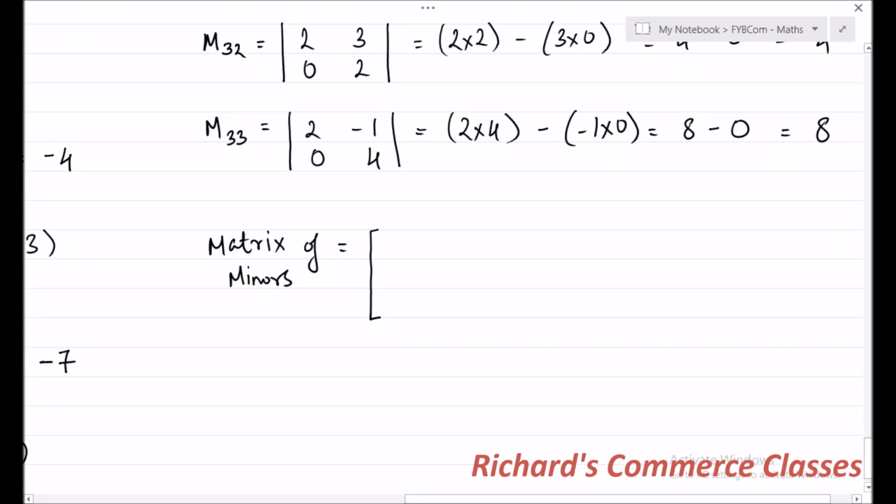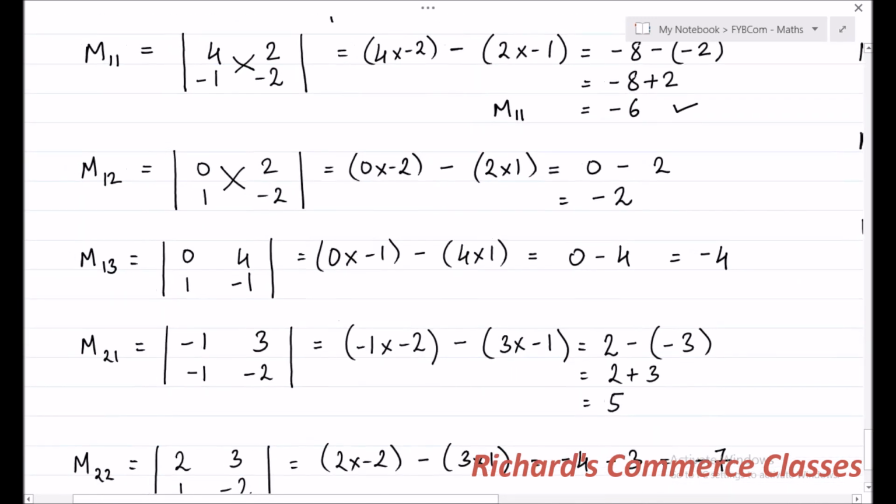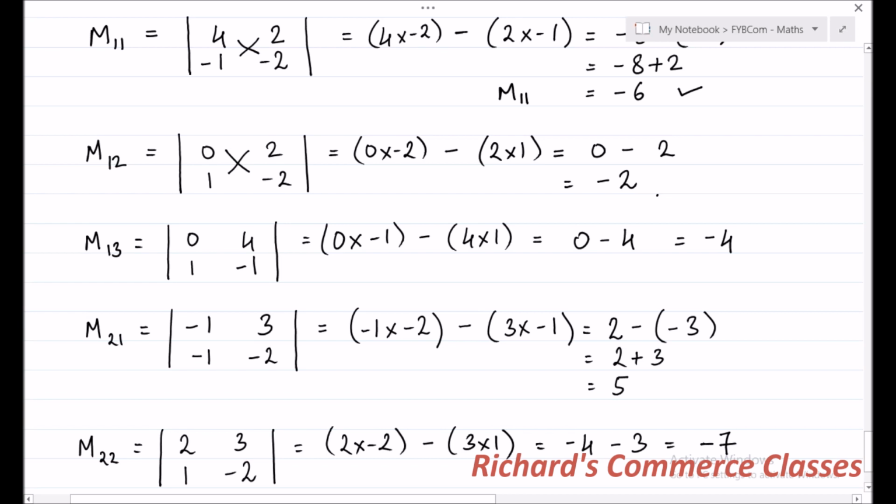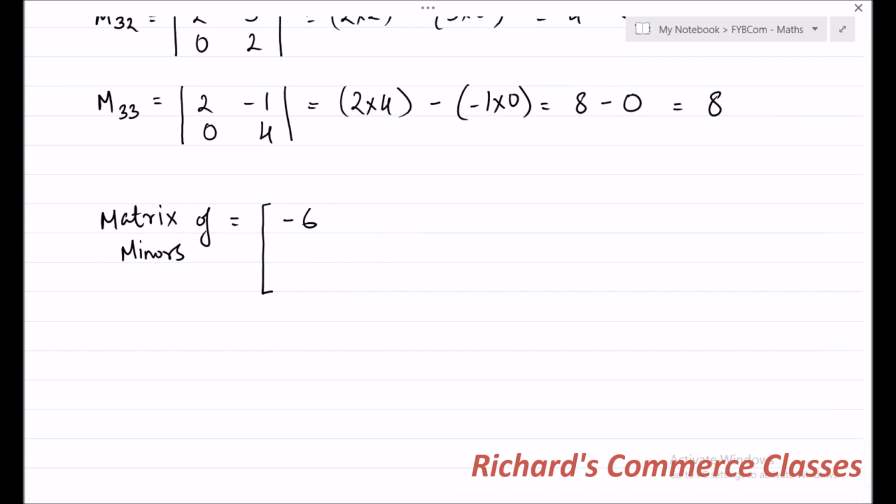So M11, the position is here, minus 6. Then the next M12, answer is minus 2. And M13, answer is minus 4.